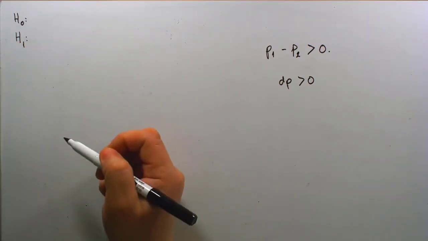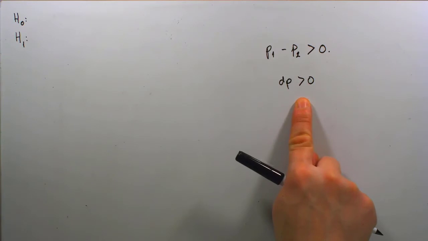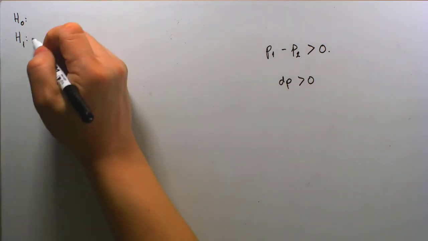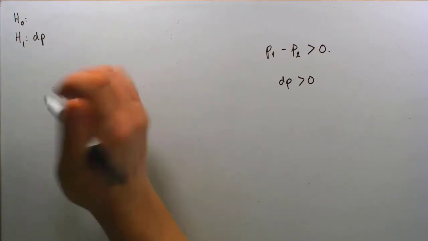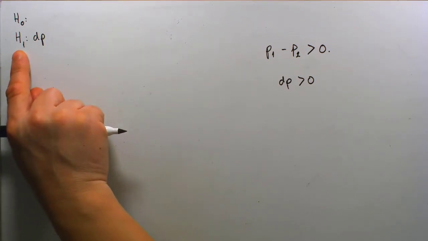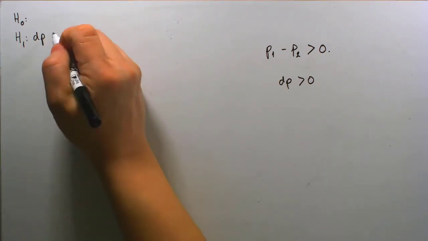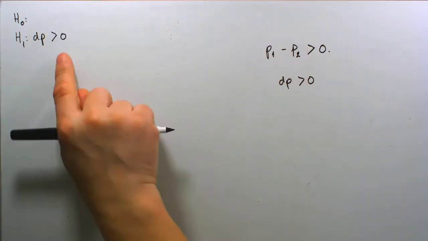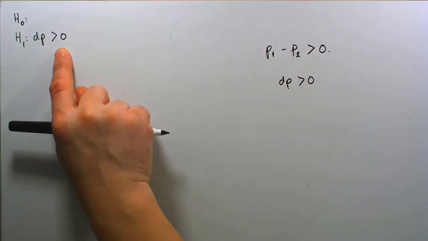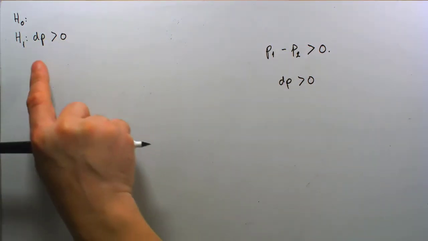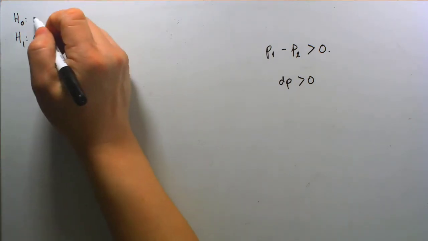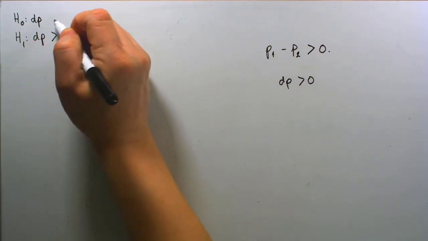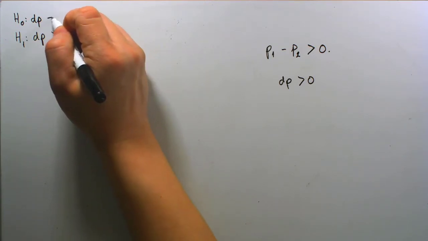Anytime we're doing a testing hypothesis problem, this statement that we have just now recognized can be used in place of our alternative hypothesis. So now our alternative hypothesis H1 is saying that dp is greater than 0, and this is the hypothesis that we're proving right here. And in that same experience we have done for testing hypothesis on any value before, the null hypothesis this time can be recognized as dp equal 0.